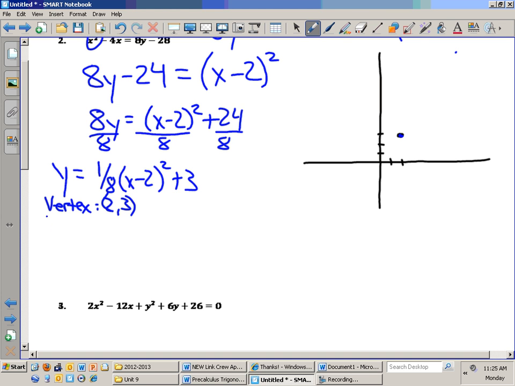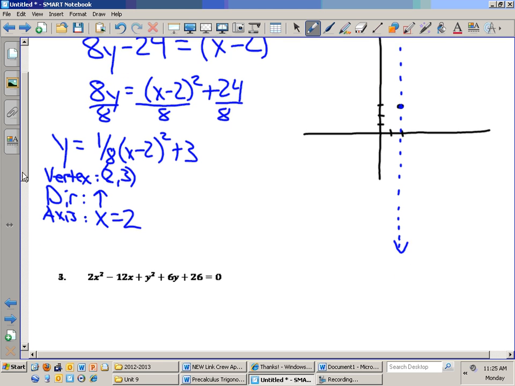How about the direction? Does it open up, down, left, or right? Up. Axis of symmetry. The axis of symmetry takes this thing and divides it right in half. What's the equation for that line? x equals 2.